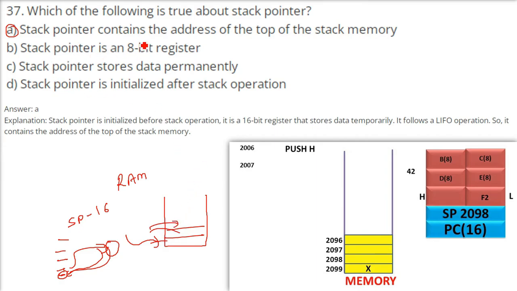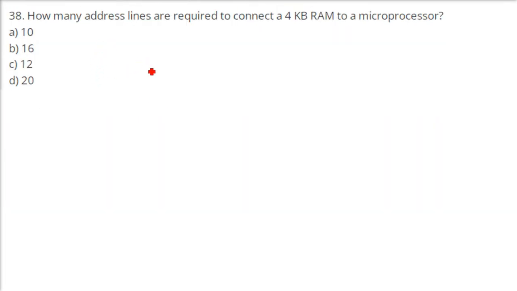The stack pointer is initialized before the stack operation and stores the data not permanently, only temporarily. It is 16-bit, so it has to be initialized before the stack operation, not after. Otherwise, it may not have any use.